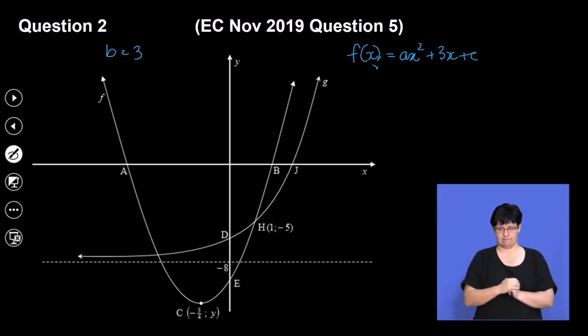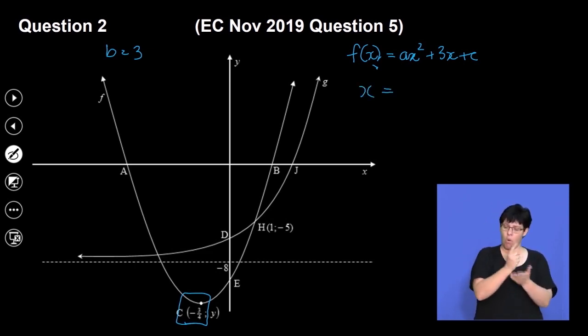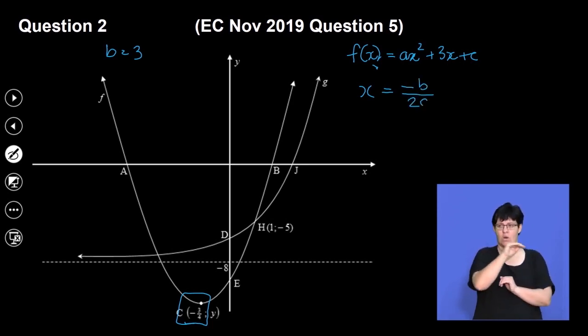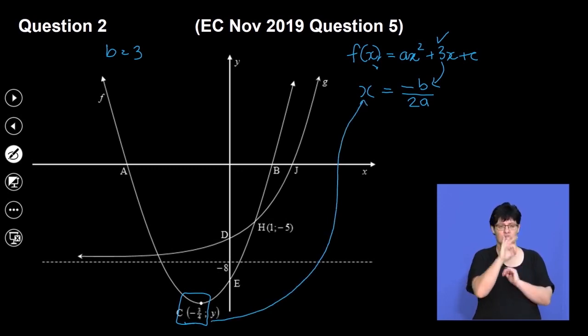The next thing I know is the x-coordinate of the turning point, and that is always equal to minus b over 2a. I know that b is equal to 3 now, so I can sub that in, and of course I can sub the minus 3/4 in, and I can use that to solve for a.